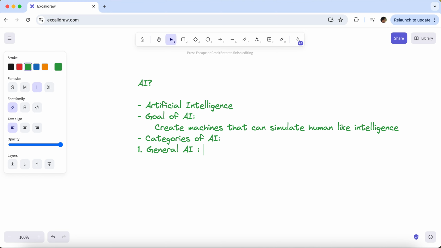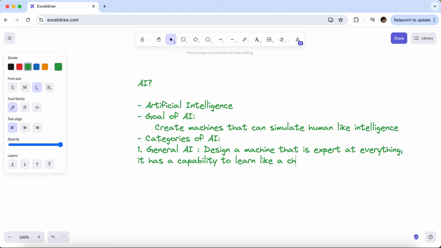So basically, the scenario which corresponds to general AI is: design a machine that is expert at everything, and we can add one more thing here: it has the capability to learn like a child.